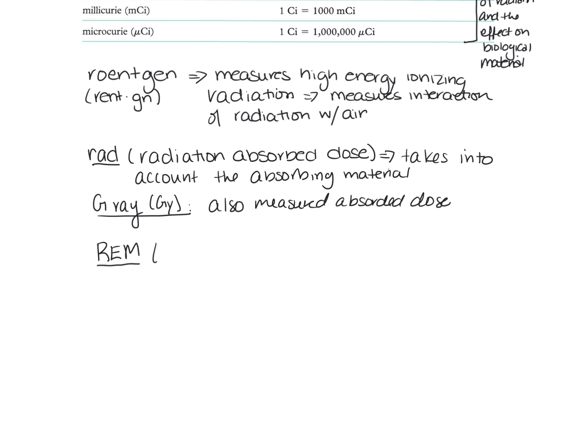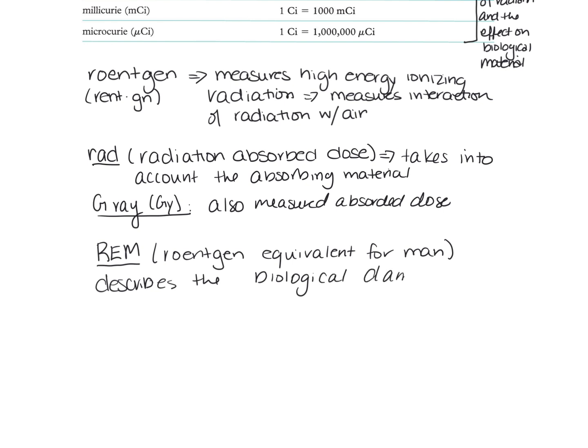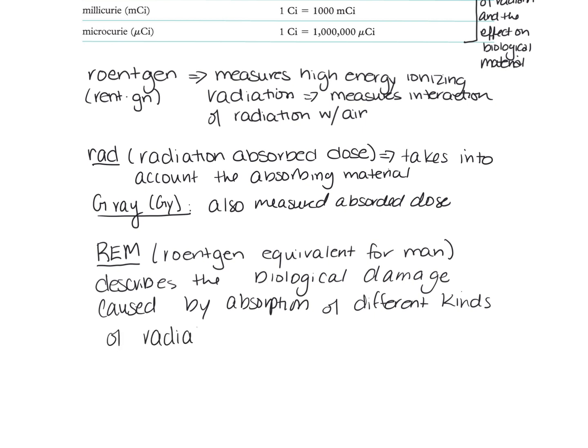The abbreviation that your book uses, which is what we're going to stay with here, is the Röntgen equivalent for man, which describes the biological damage caused by absorption of different kinds of radiation by the human body.